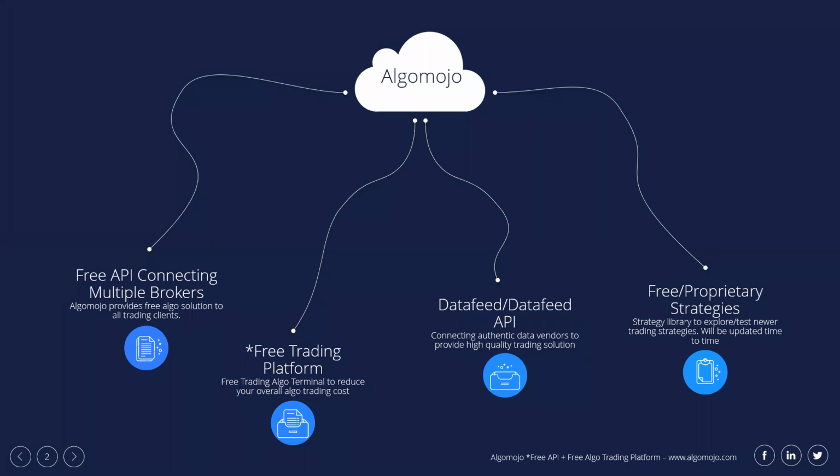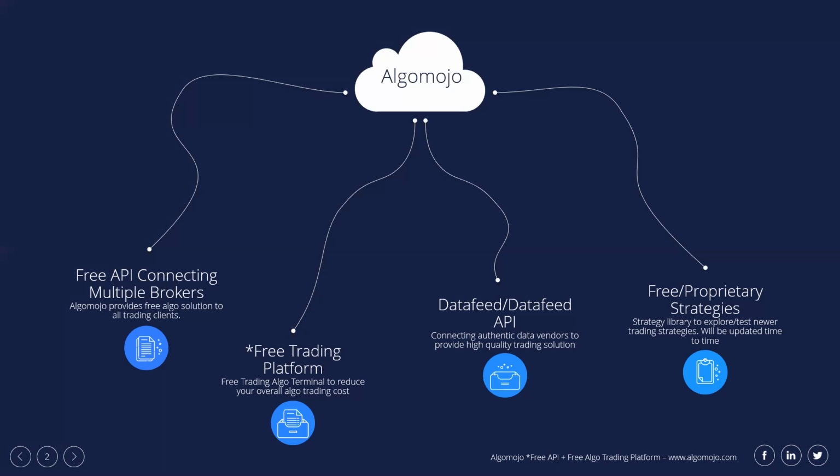We have partnered with multiple brokers in order to provide an API-based trading solution to their clients. And yes, Upstox is one of our brokers, where we use the Upstox API to provide an automated API-based trading solution to the clients.